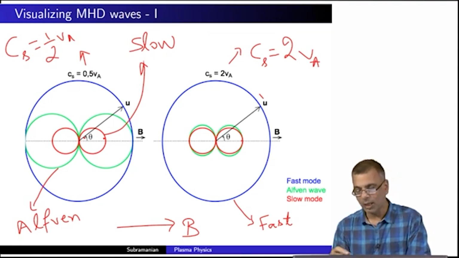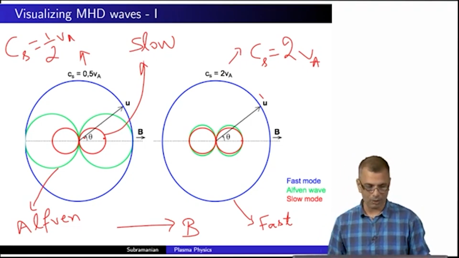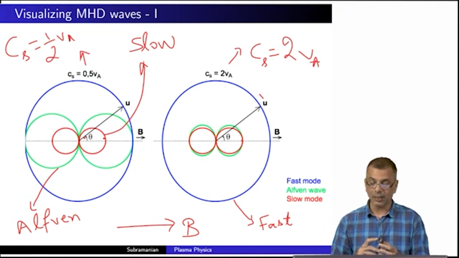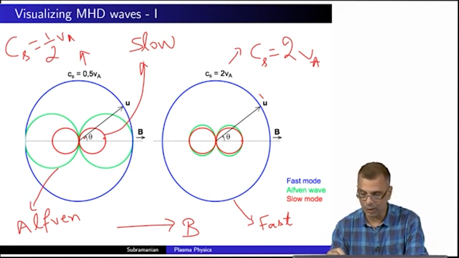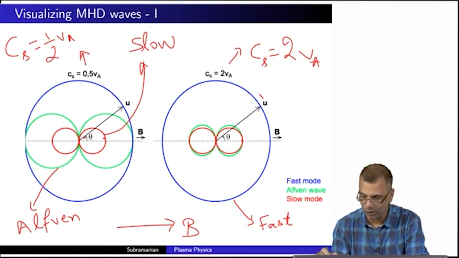Okay, so we can surmise that as the sound speed becomes progressively larger than the Alfvén speed, the difference between the Alfvén mode and the slow mode goes down even more.